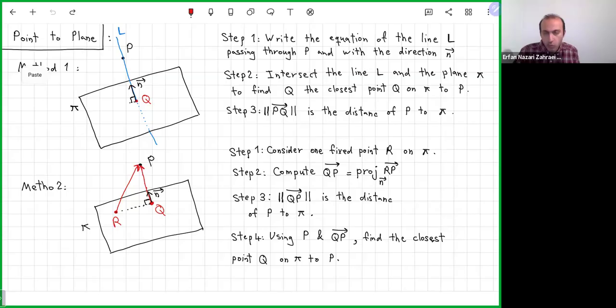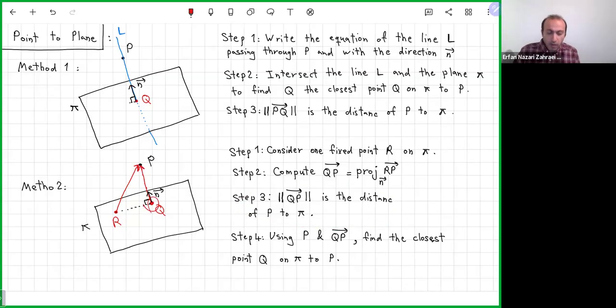But again, I use projection to get what I want. This time I project it down into the direction of N, the normal vector. And what I get is this vector, the vector QP, where Q is the closest point. Now that I have the vector QP, the length of it gives me the distance.